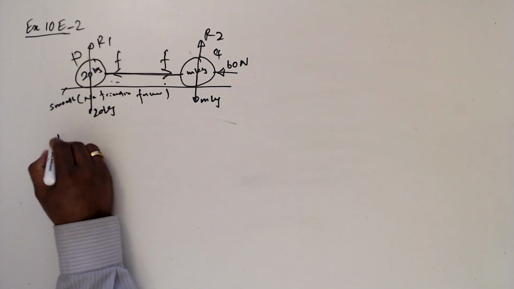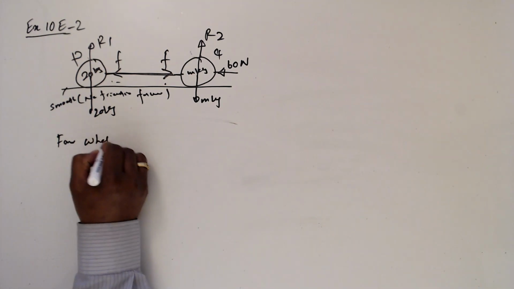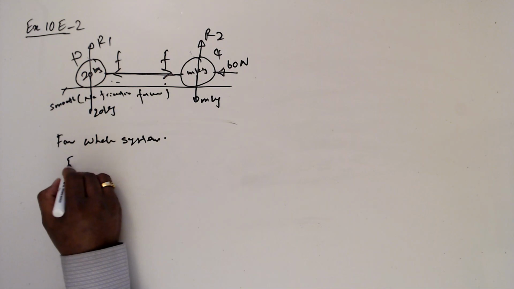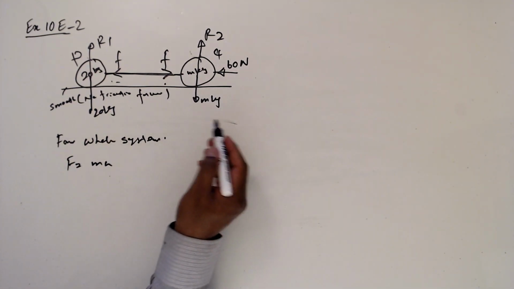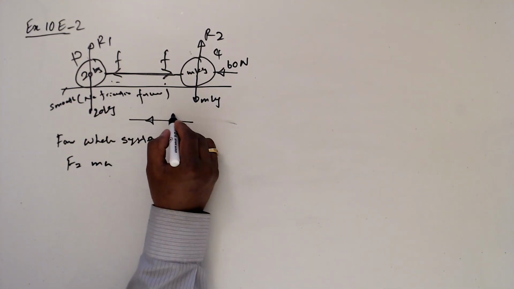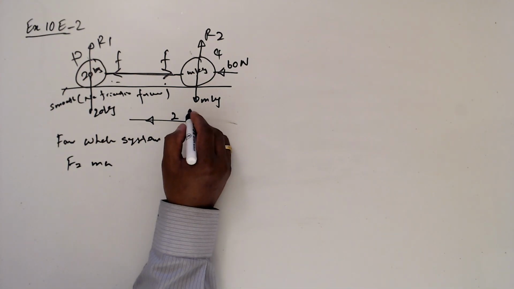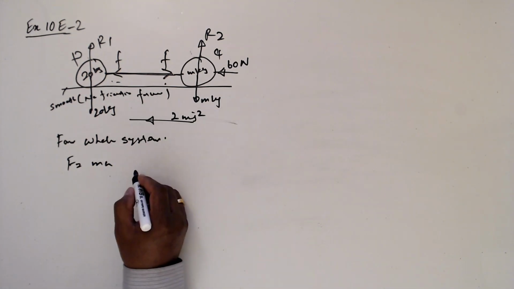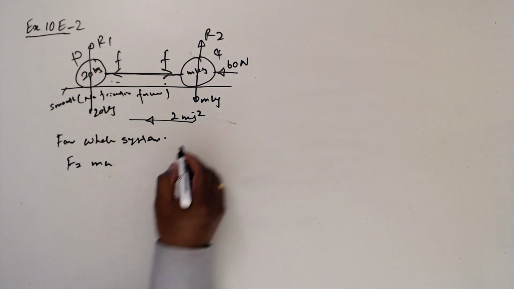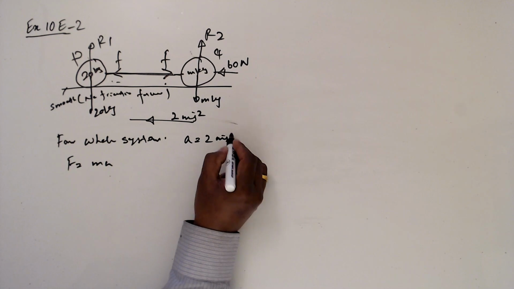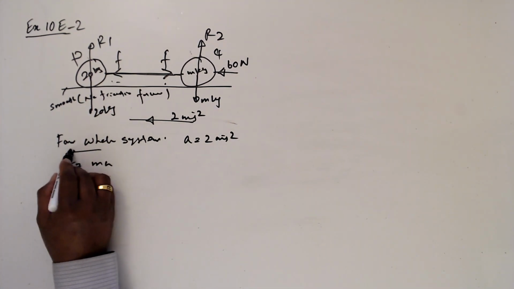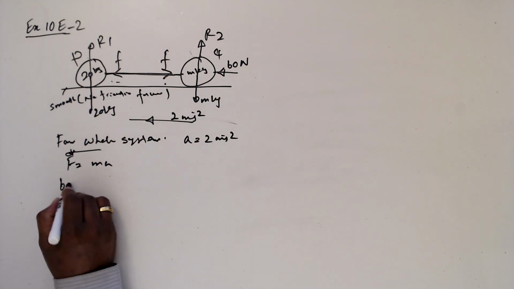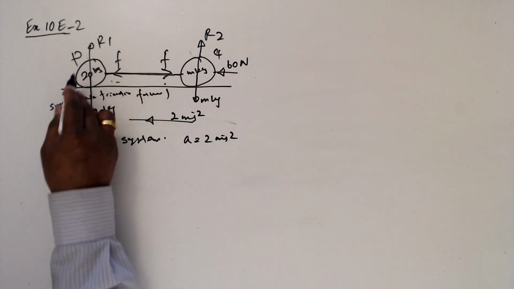Now for the whole system, F equal ma. It is moving in this direction with 2 meters per second squared, so the a is 2. So we put 60 in this direction because it is moving in this direction, and there is no other external force.